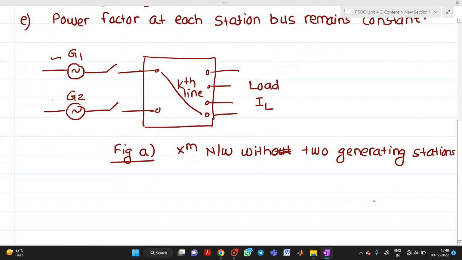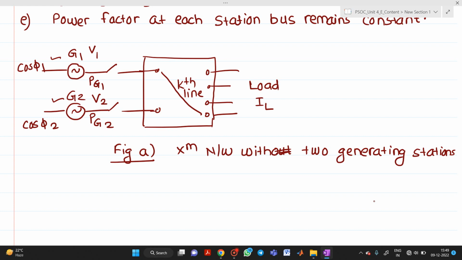First one is G1, the other one is G2, working at some voltage levels, let's say V1 and V2. The power factor of generator 1 is cos phi 1, and for generator 2 the power factor is cos phi 2. Pg1 is the output of the first generator and Pg2 is the output of the second generator. It supplies an arbitrary number of loads through a transmission network, which is shown in the figure.